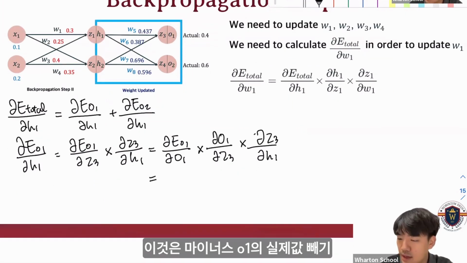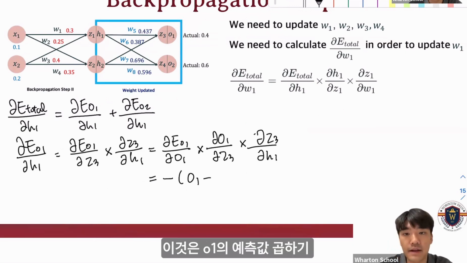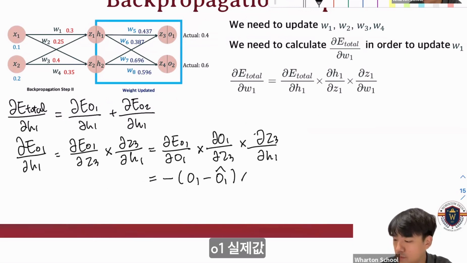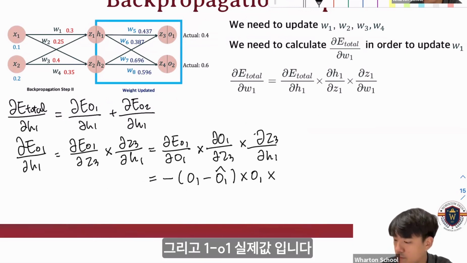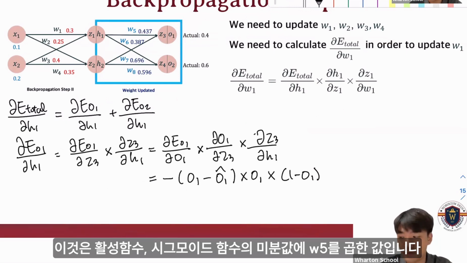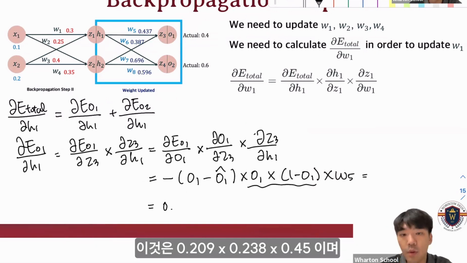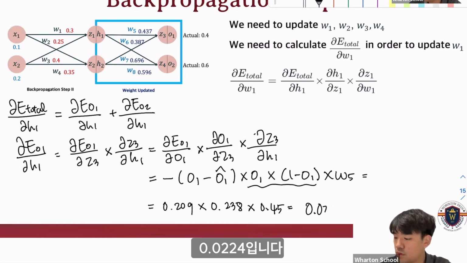This is just minus the actual value of O1 minus the predicted value of O1, multiplied by O1 times 1 minus O1, which is the derivative of our activation function, the sigmoid function, multiplied by W5. So this is 0.209 multiplied by 0.238 multiplied by 0.45, which is equal to 0.0224.